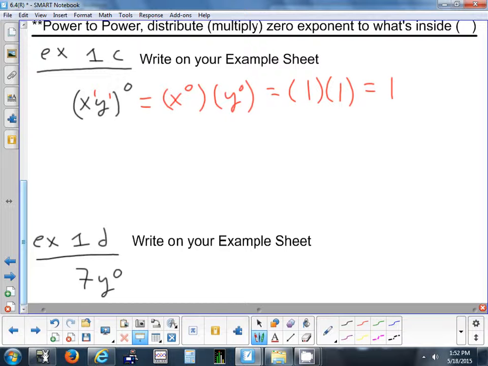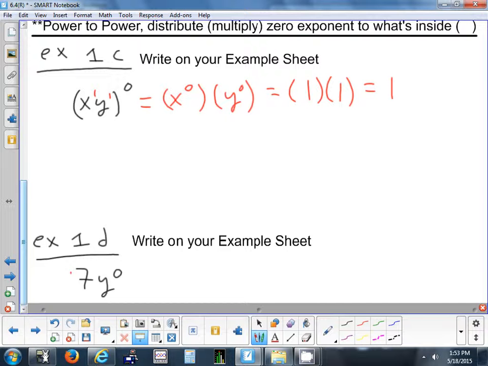Okay, what's the difference between 1C and 1D? I mean, besides that I have a 7 and a y and an x and a y. I know the x and the 7 are different. The parentheses. Do those really make a difference? Yes. The difference they make is if you put parentheses around it, you're raising the 7 and the y to the 0. Right now, it's just what raised to the 0?